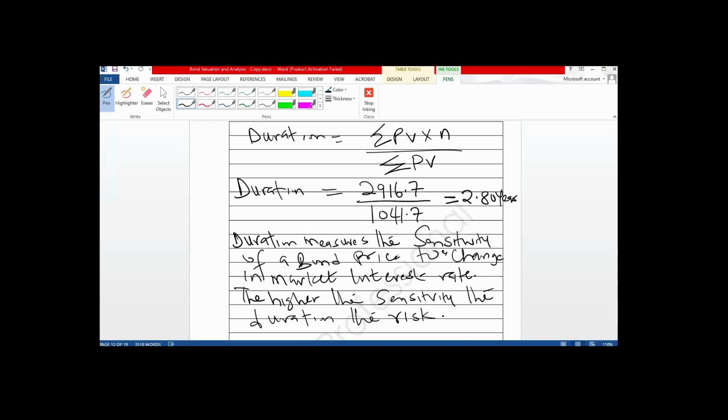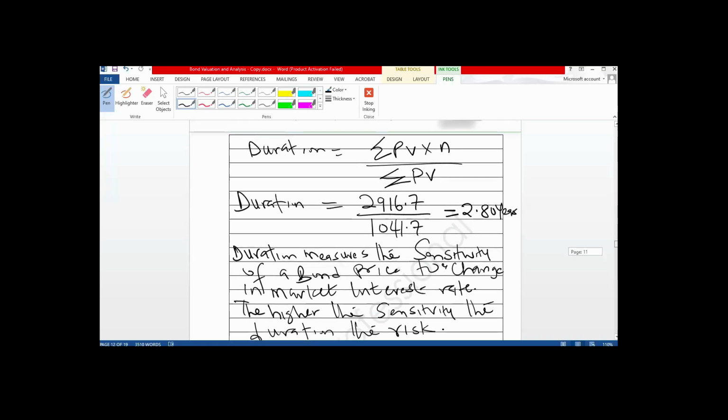And ICAN will not be comfortable if they observe that students are trying to avoid a particular topic. That means we want to produce accountants that do not understand bond valuation.